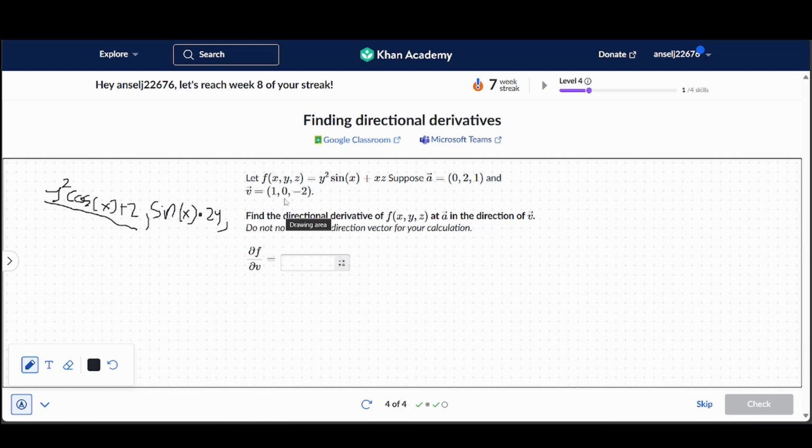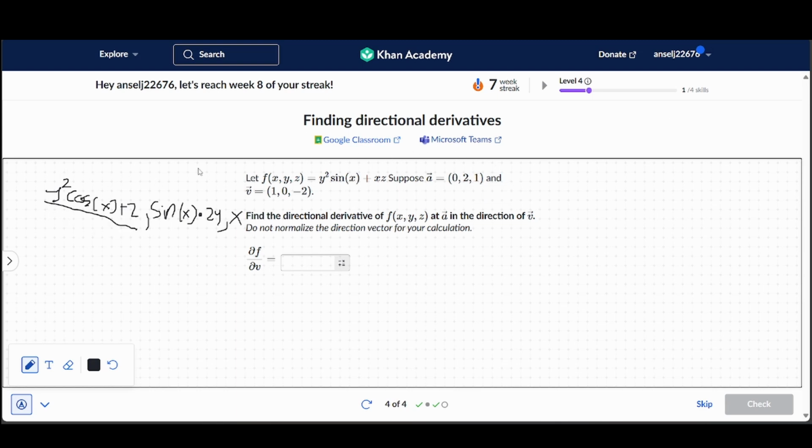Okay, it's gonna get a little messy here. And then for z, this is constant, so it's just gonna be x. Alrighty. So now we just plug in these values.